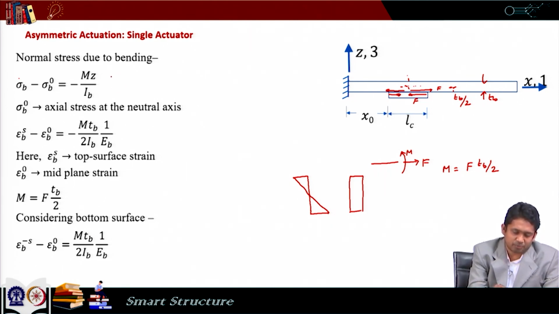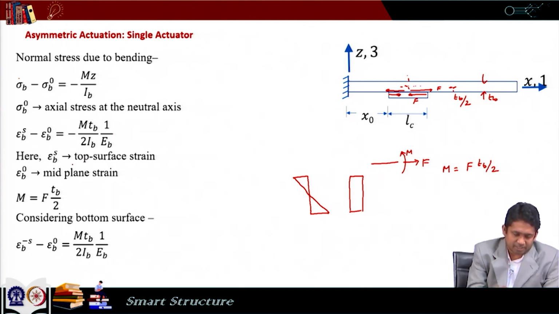Now, from here, if we want to get the strain, we just divide this entire equation by the elastic modulus of the beam. This gives me the total strain at the neutral axis, and I subtract the strain due to the axial force F, and that gives me the bending strain part.